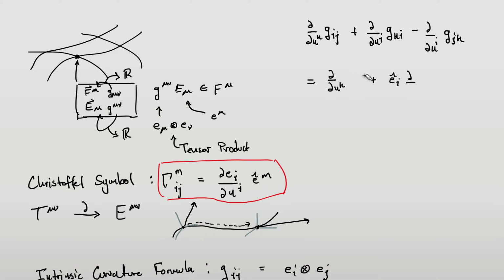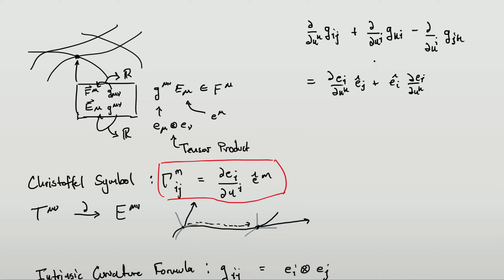I need to put an e_i right here, so I'll just redo this really quick. We have the derivative of e_i with respect to u^k, times e_j, plus e_i times the derivative with respect to u^k of e_j.